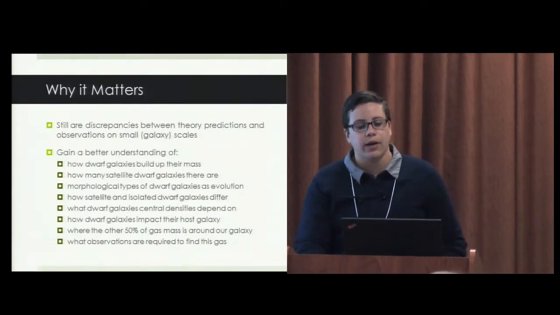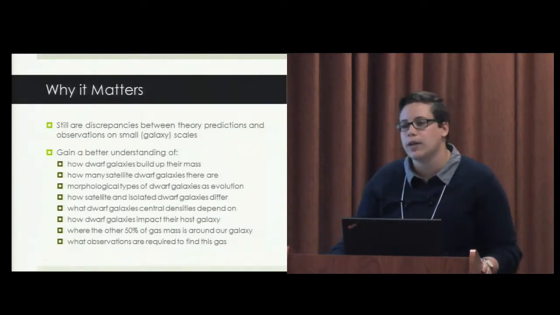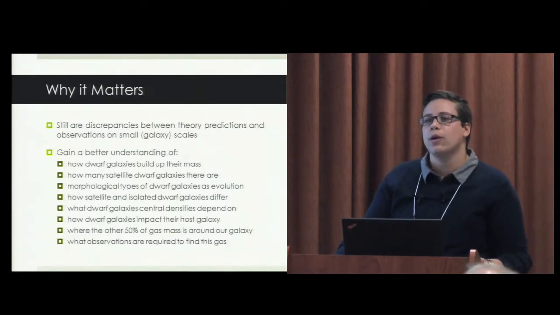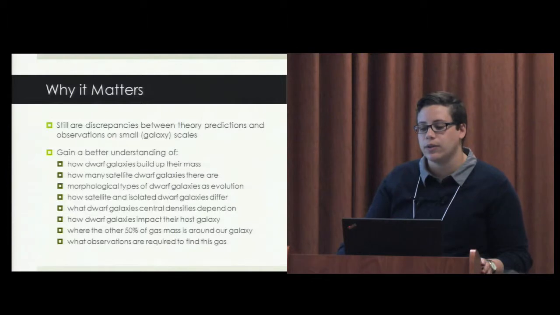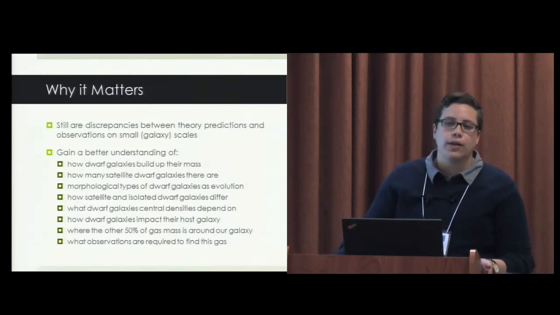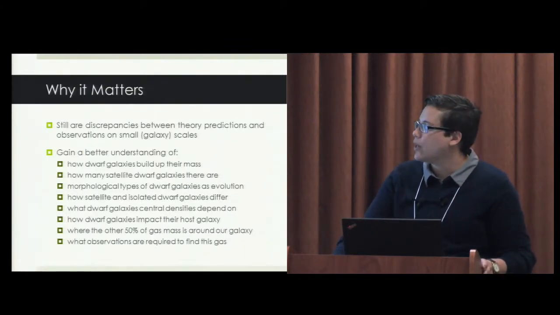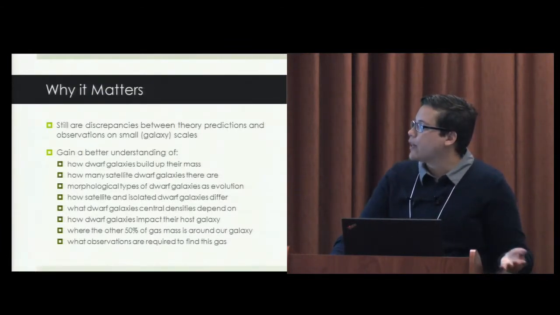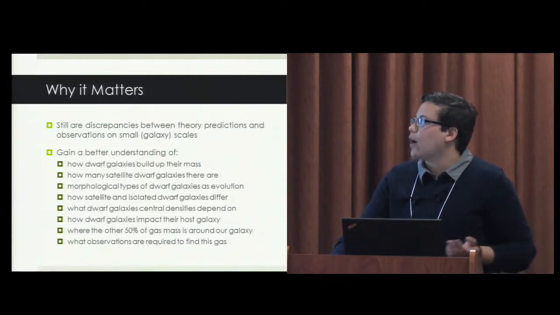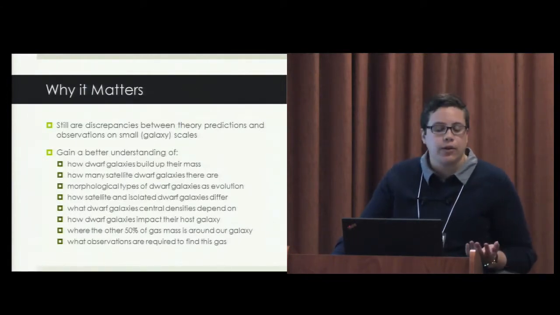So why does this matter? Well, there are still discrepancies between theory predictions, what ΛCDM dark matter only simulations are able to produce, and observations on the smallest scales, and those small scales are galaxy scales. So we want to check the observations that say that there are fewer dwarf galaxies than dark matter only simulations predict, and that they're less dense.